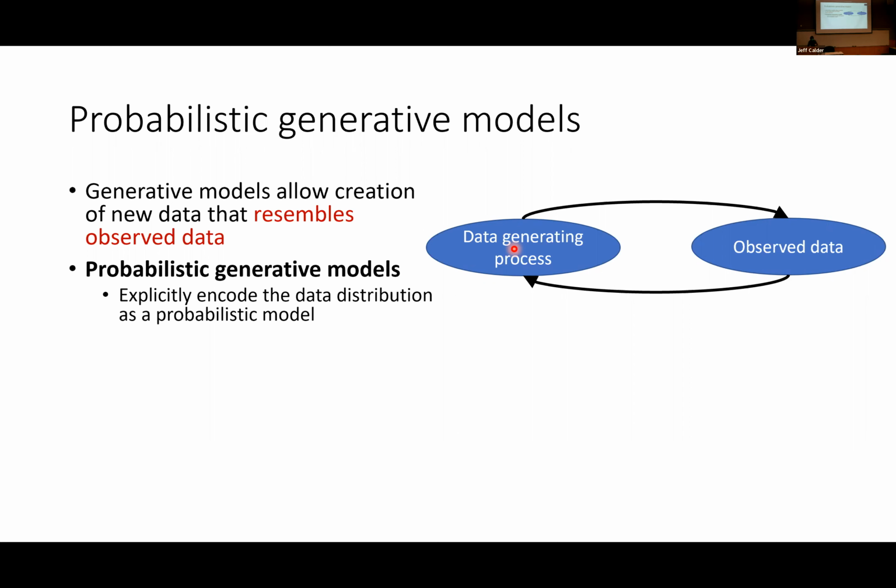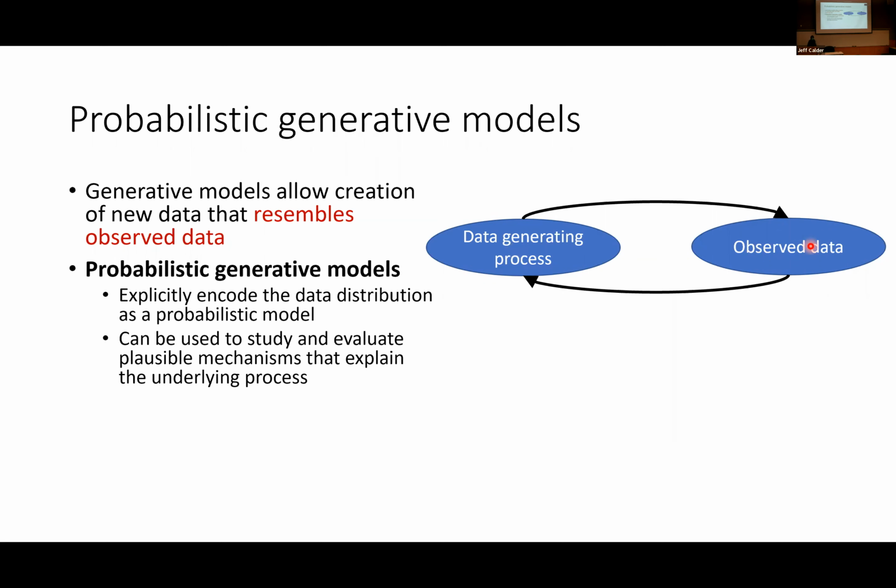In a probabilistic generative model, you explicitly encode the data distribution, so the distribution for the observed data, as a probabilistic model. You can use this to study and evaluate plausible mechanisms that explain the underlying process, so whatever process generated that data. If your data is a social network, perhaps the underlying process here is how people form acquaintances, friendships, or how people interact.